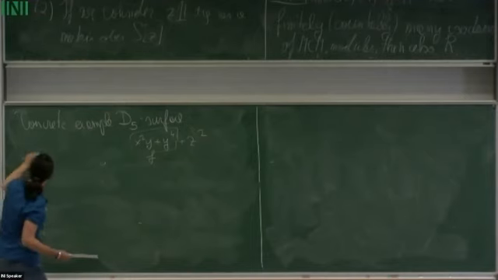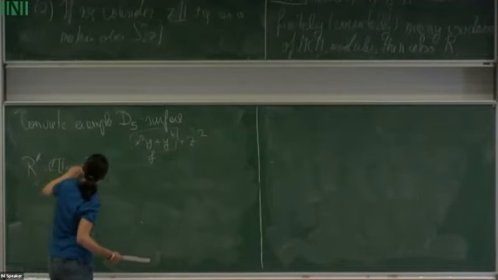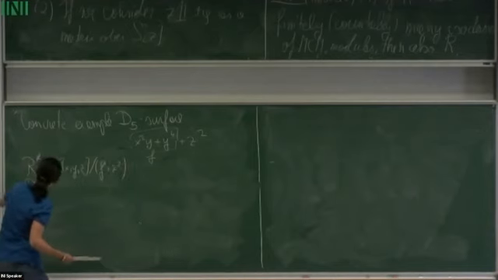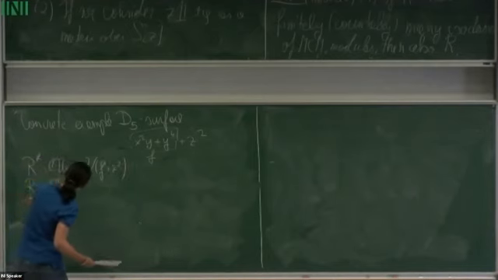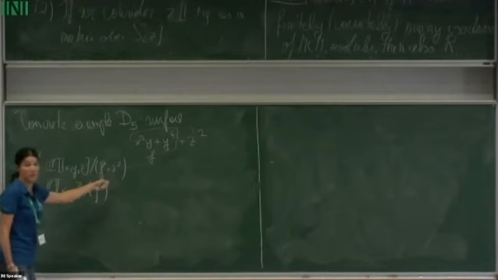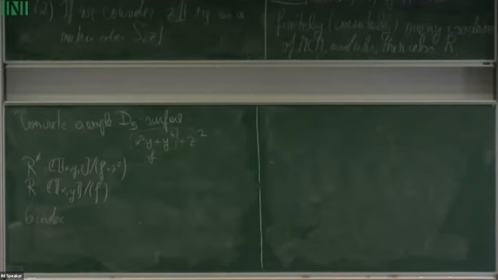So our R sharp is this, and our R is this. I'm not writing down the matrix factorizations; I just write down the Auslander-Reiten quiver.